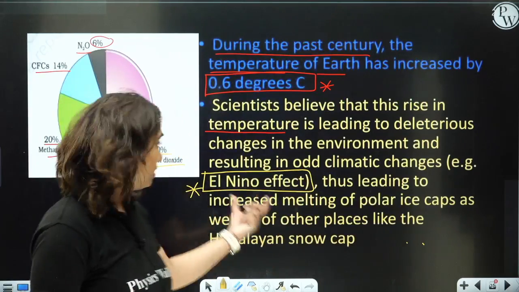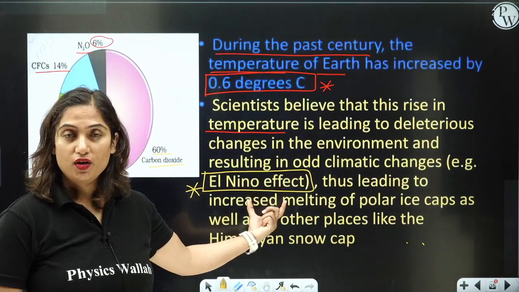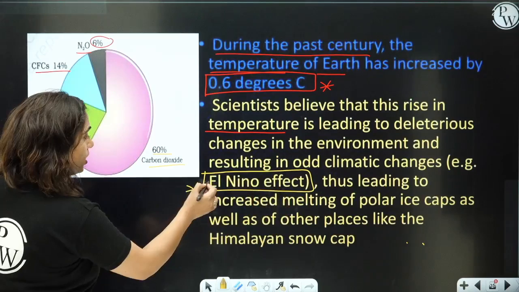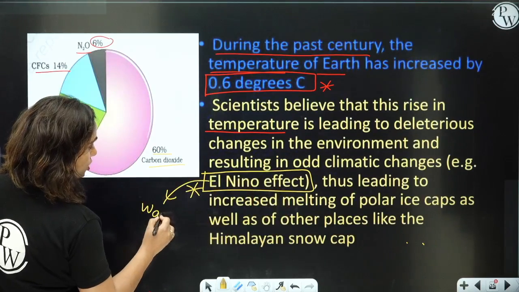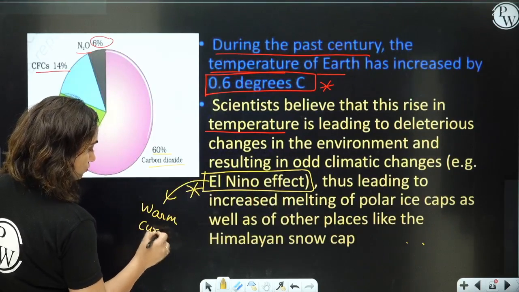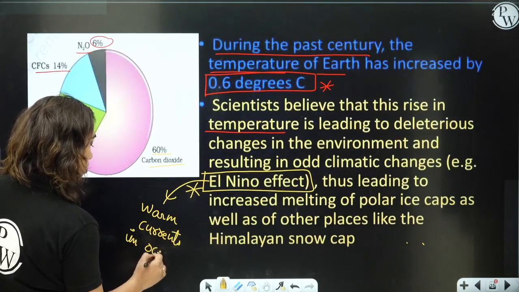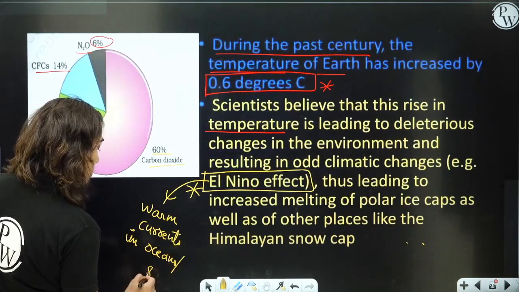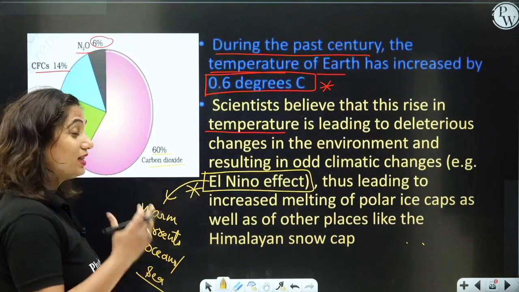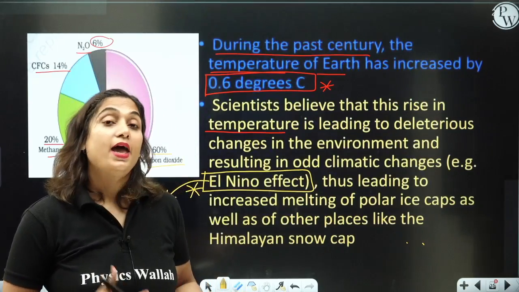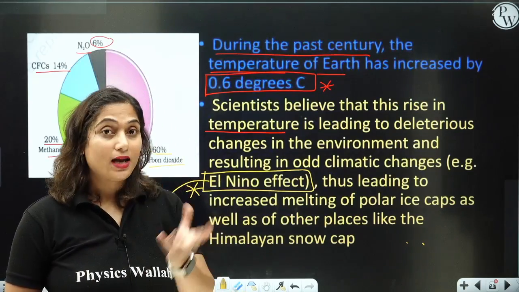What is the El Nino effect? The El Nino effect is an effect in which warm currents are produced in the oceans. These warm currents produced in oceans and seas are causing deleterious and harmful effects in aquatic life and in climate change.